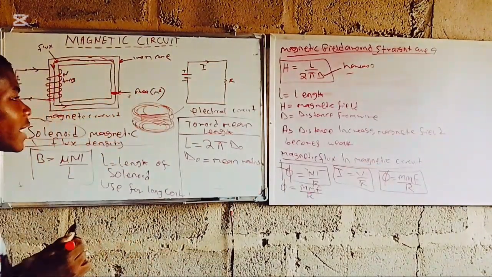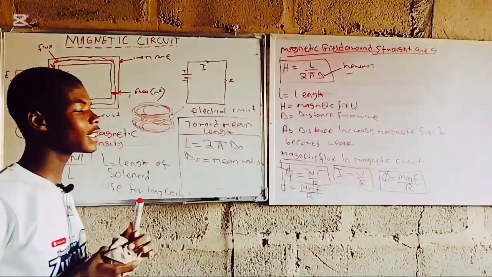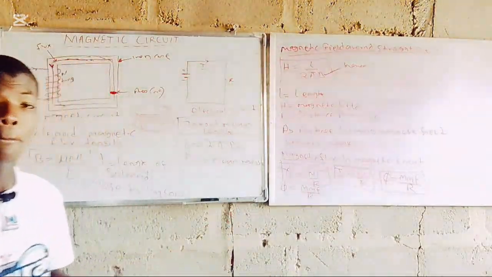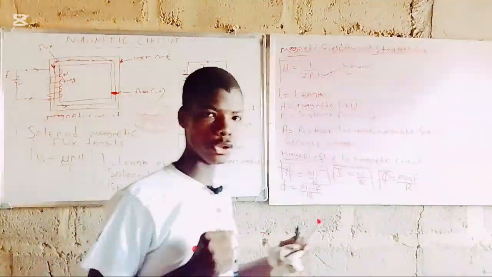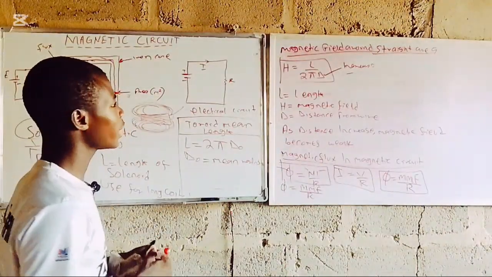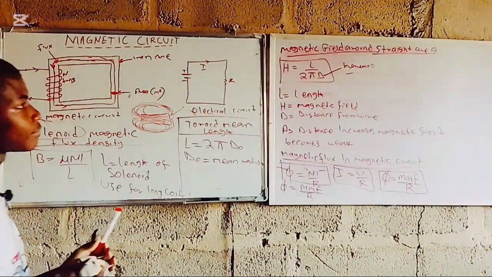This formula is used to calculate the magnetic path length in a toroid. And then also we have the inductance formula.